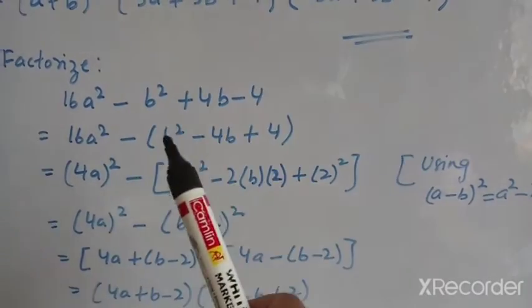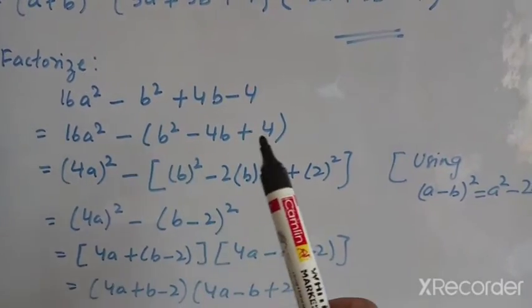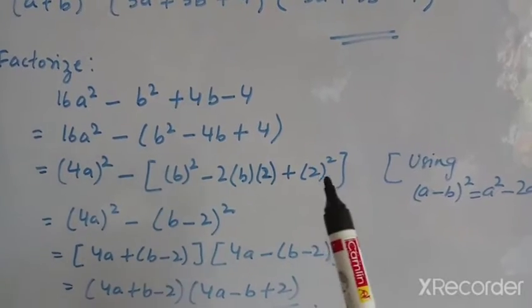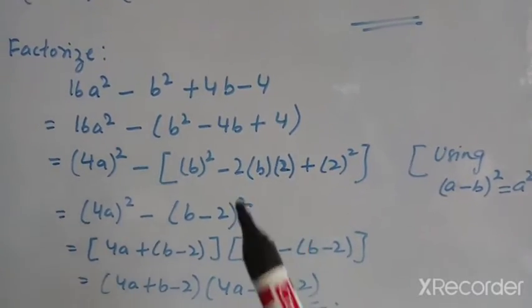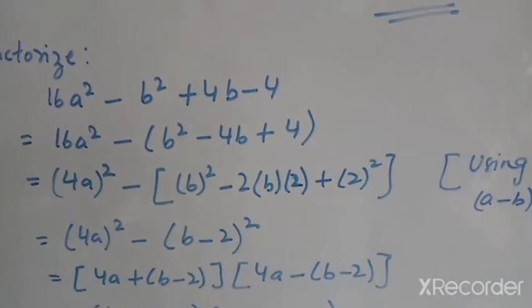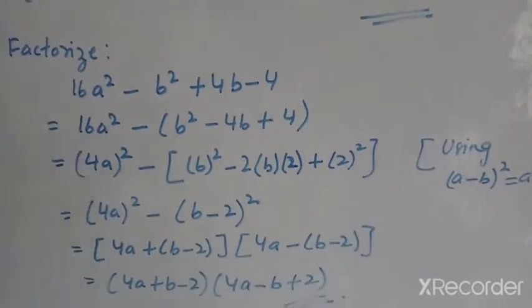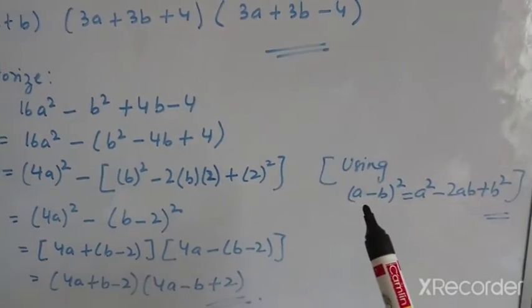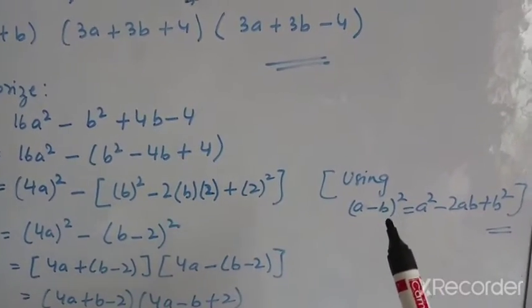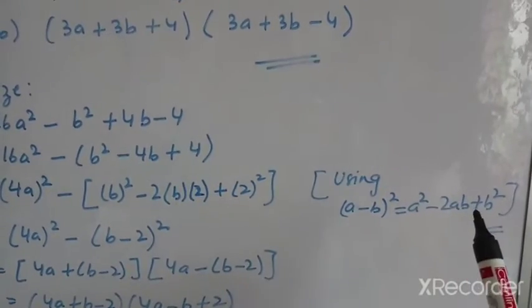Now among these three, if you look at these two terms, they are perfect squares: square of b, b square, and square of 2, 2 square. That means this must be according to the formula either a plus b whole square or a minus b whole square. Since here we got minus, we'll use a minus b whole square. A minus b whole square is a square minus twice ab plus b square.